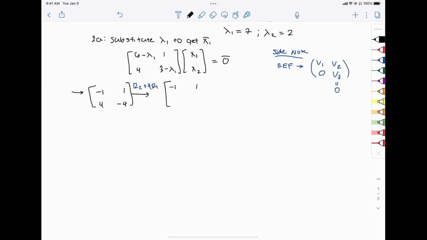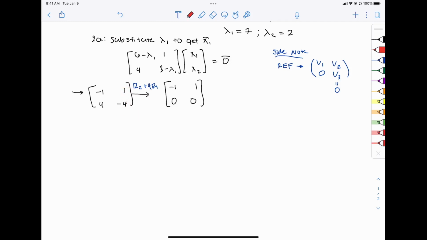It's going to be negative 1, 1. Okay, but row 2 does change. We said that we take row 2 and add it to 4 times row 1. Well, negative 1 times 4 is negative 4, and then we do 4 plus negative 4. That's going to be 0. Okay, we do the exact same thing with the second, to where we say that we have 1 times 4 is 4, then negative 4 plus 4 is 0.